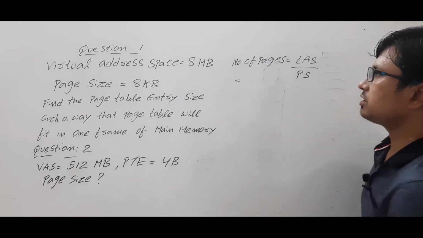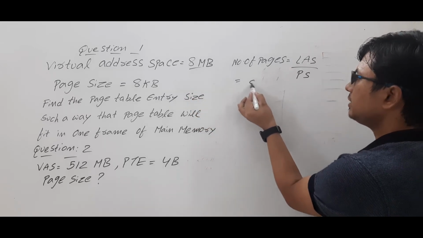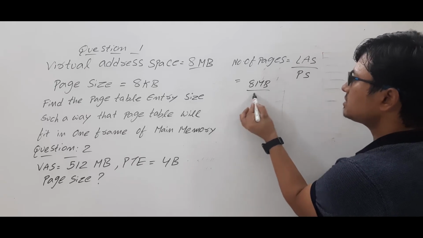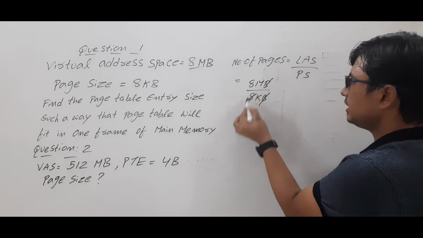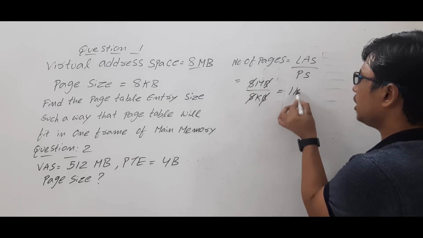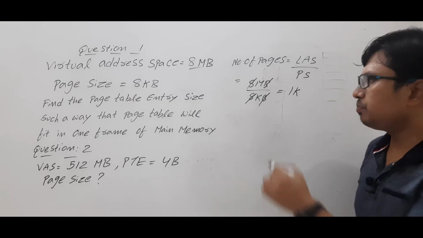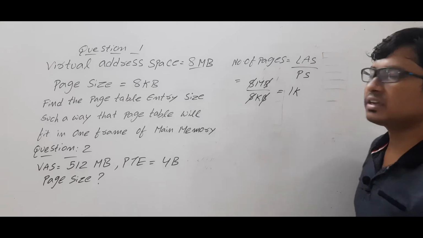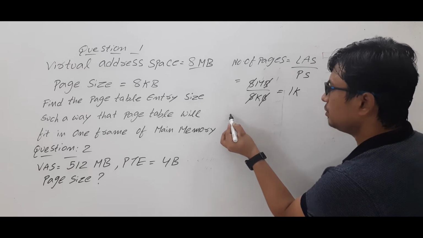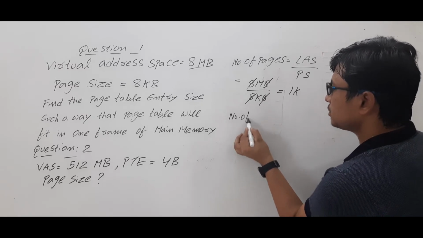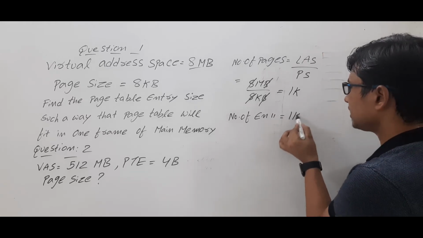The logical address space is the virtual address space, which is 8 MB, and page size is 8 KB. So bytes and bytes will be cancelled, 8 and 8 will be cancelled, so you have 1K pages in the process. If you have 1K pages, then the page table will have 1K entries. So the number of entries in a page table will be 1K.